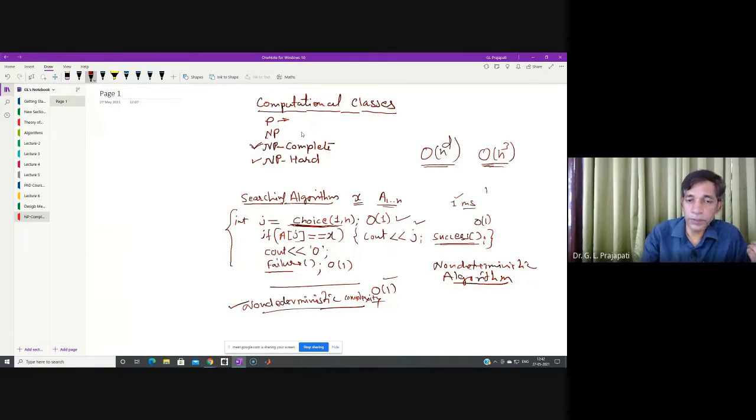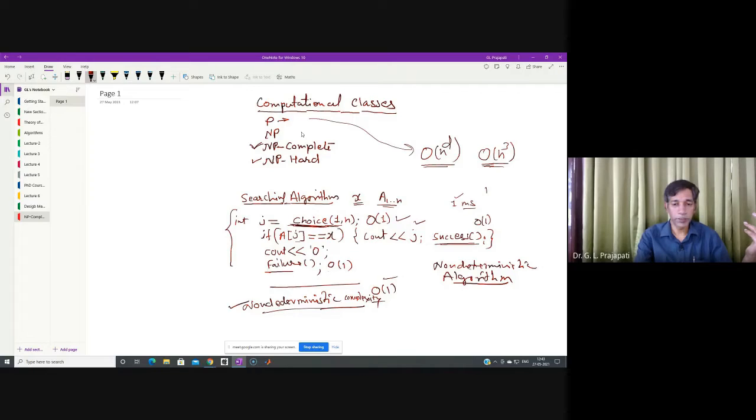So see that if you have the class P problem, a problem will come into the class P if you have a deterministic algorithm that can solve it in polynomial time. If you have a deterministic algorithm which runs in polynomial time, then it will be in the class P. When you have a non-deterministic algorithm that runs in polynomial time, like we have written, this is the non-deterministic algorithm.